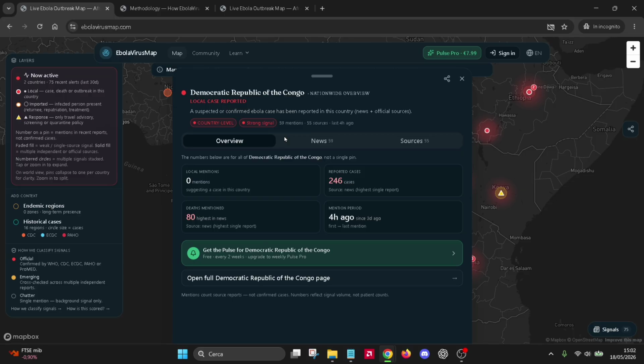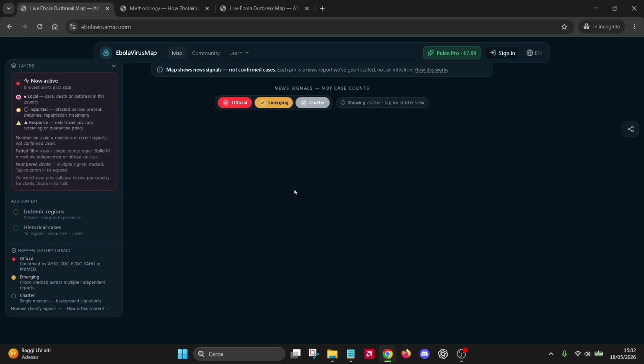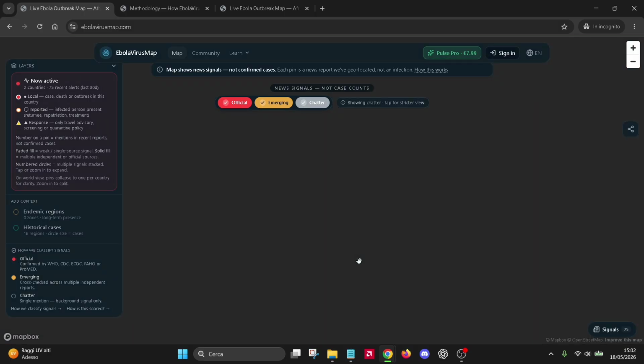The objective is not to replace official health authorities. It is to improve visibility, speed, and understanding. Another important concept is signal strength. When the same development is reported independently by multiple credible sources, confidence increases.